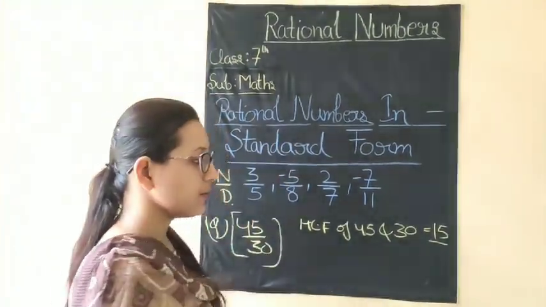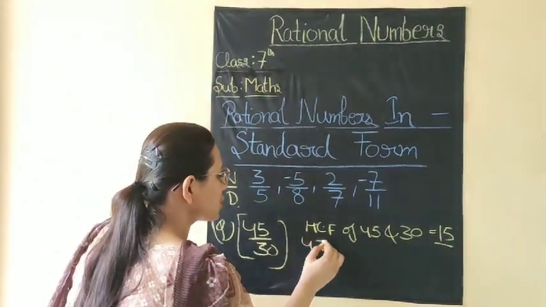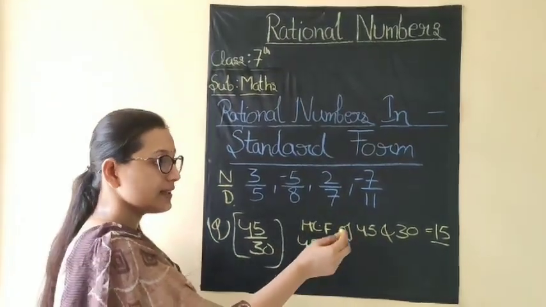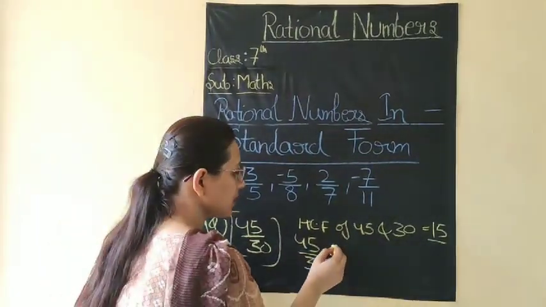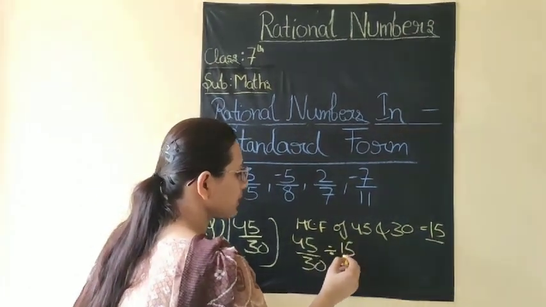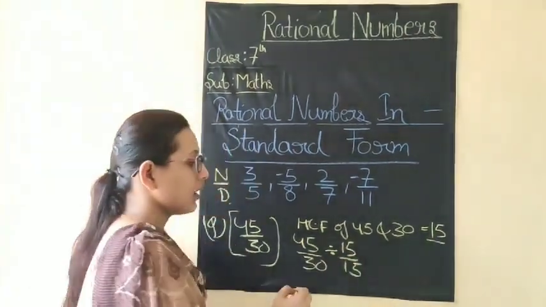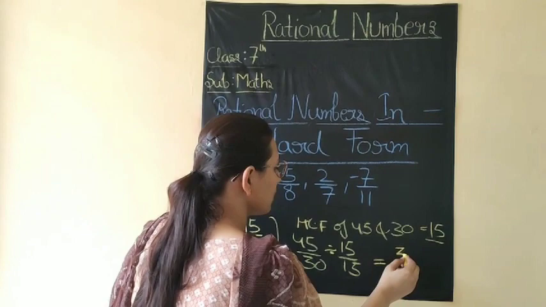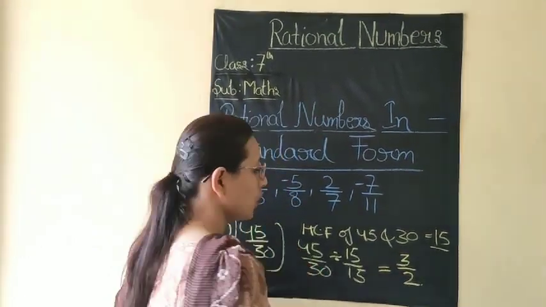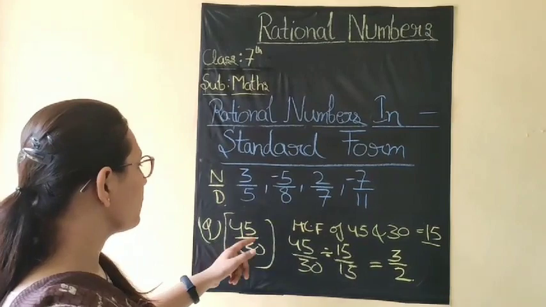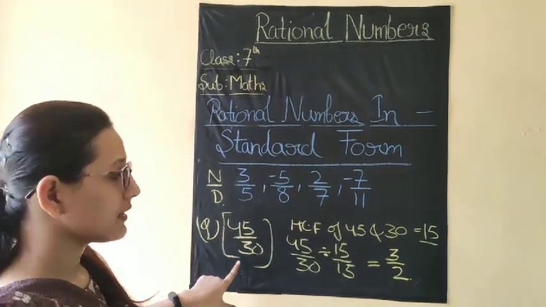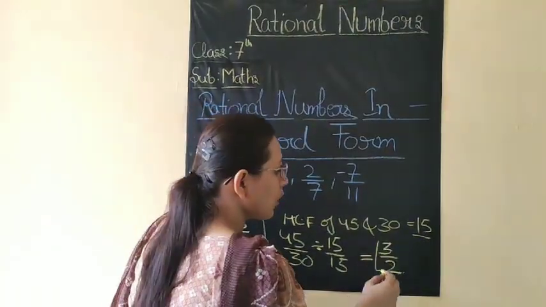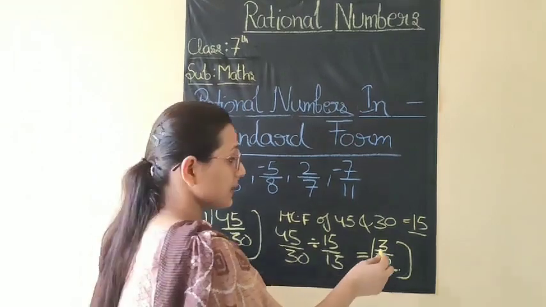Now we will divide both the numerator and denominator by their HCF, 15. So while dividing we get 3 by 2. This means that 45 by 30 is now reduced to standard form. So the reduced form of 45 by 30 is 3 by 2.